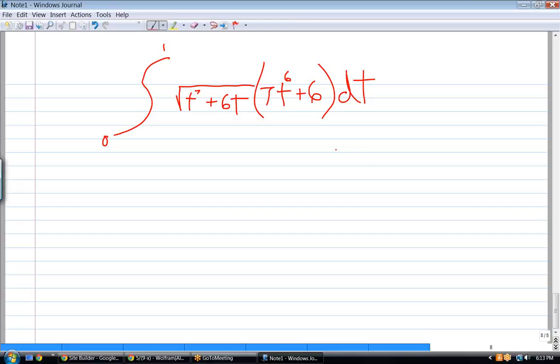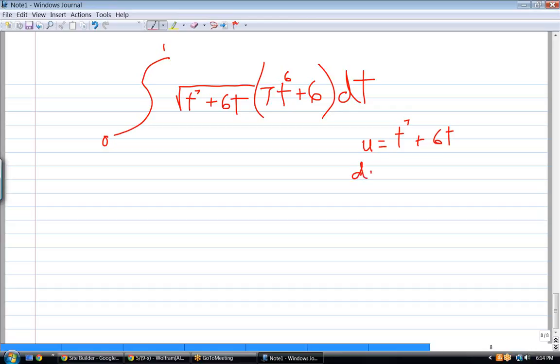So work me through every line of the u substitution. I'll write that down too. Okay, so u equals t to the 7th plus 6t. What's next? For the next thing, du over dt.